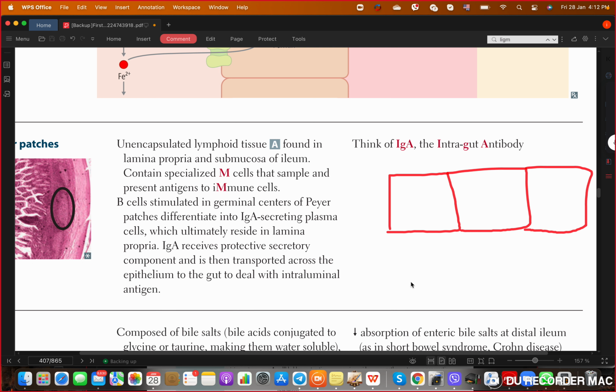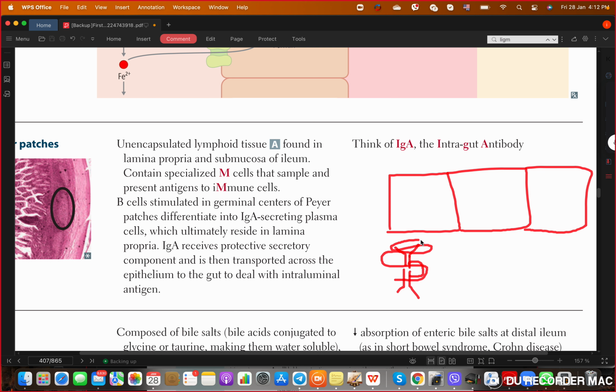Under it, we have the lamina propria, correct? So you have the germinal centers here that are going to make the antibody. It's a dimer, IgA, and it's connected with something called J chain.